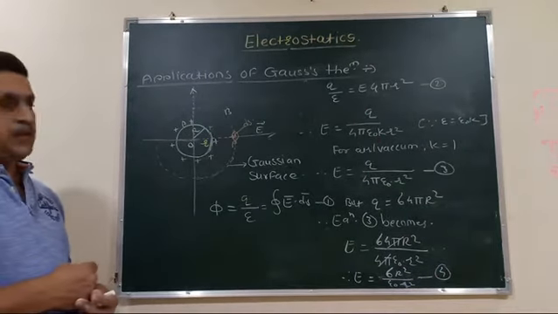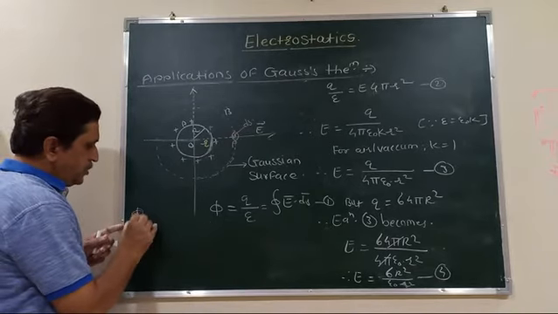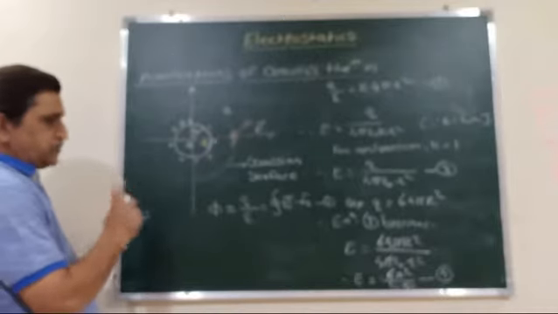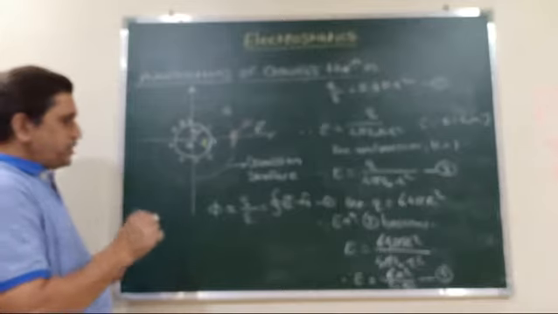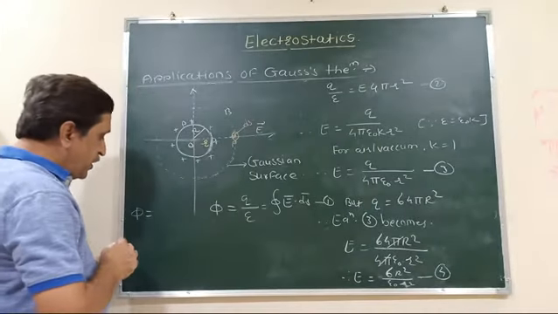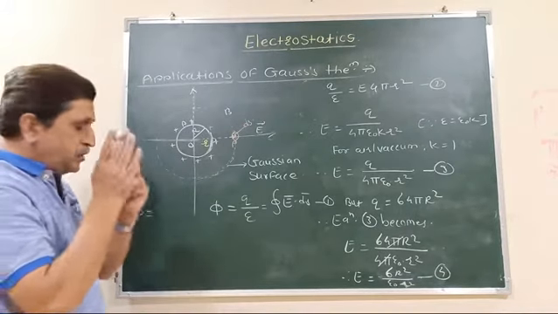क्या क्या किया हमने? फर्स्ट कौन सा इक्वेशन लिया था? By the definition of electric flux and by the concept of Faraday, total tubes of induction originated from the charge Q, which normally passes through the given area, that is nothing but the electric flux in the terms of tubes of force.